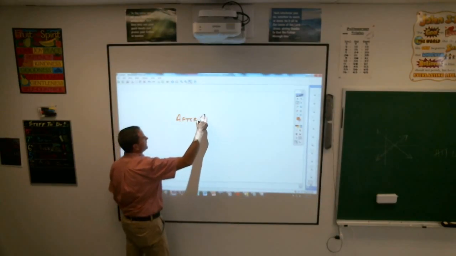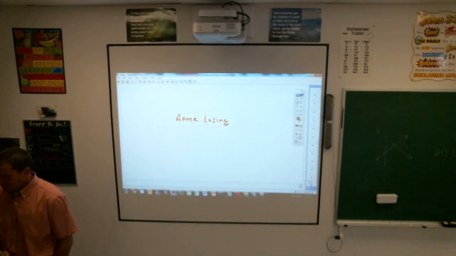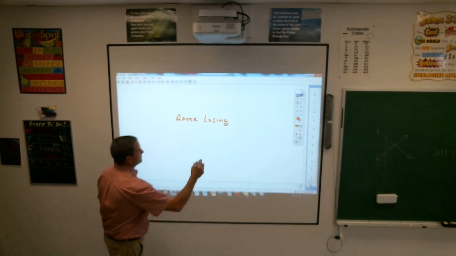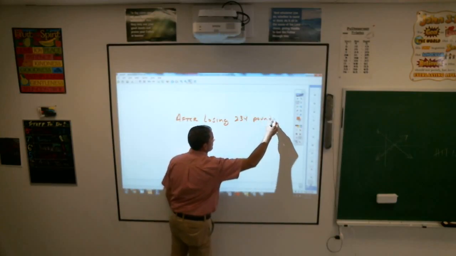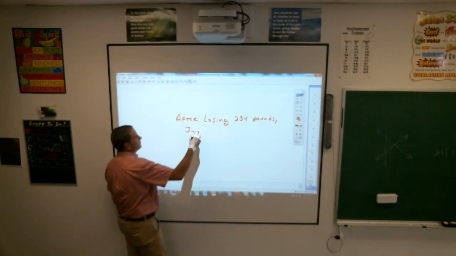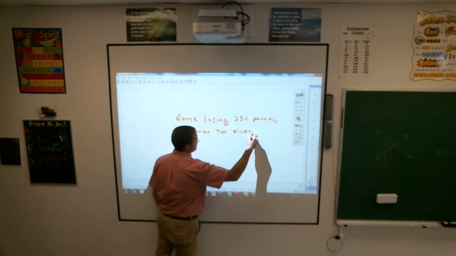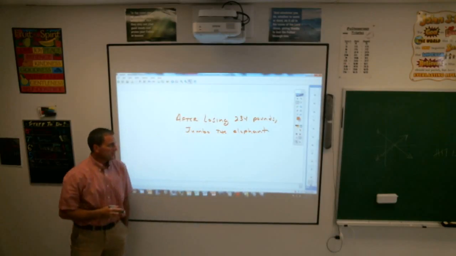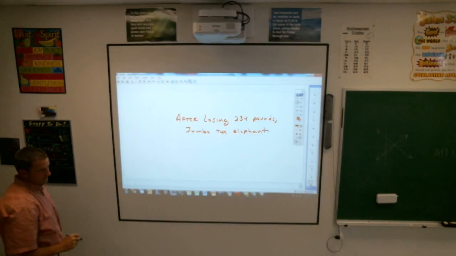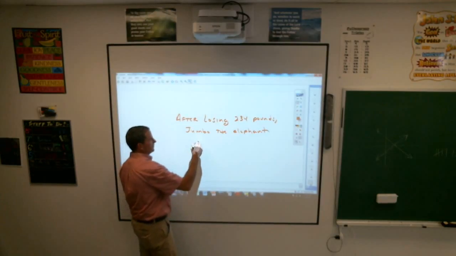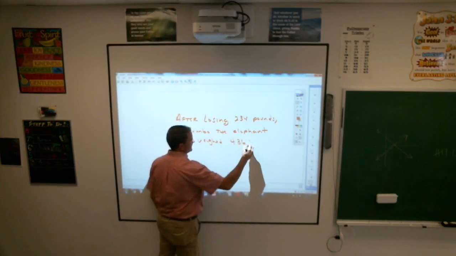After losing 234 pounds, Jumbo the elephant weighed 4,368 pounds.